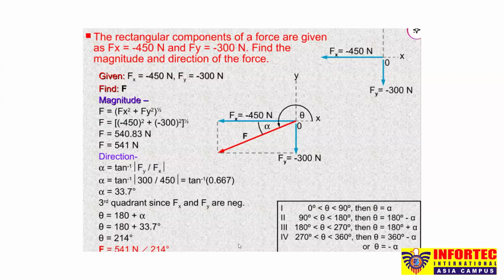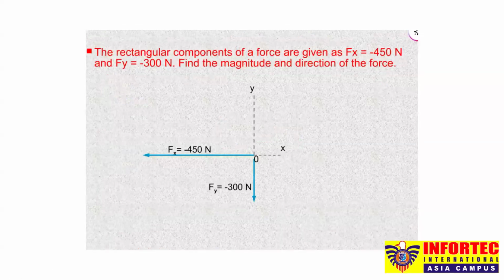I will explain this again on the board. You can start to find the resultant one, right? X and Y are mentioned in the Cartesian coordinate system.